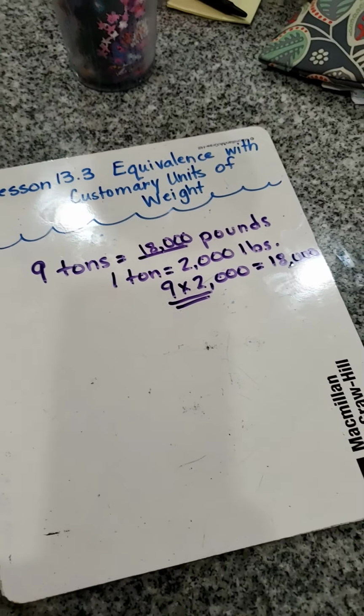Now we add them. 2 plus 0 is 2. 0 plus 7 is 7. 1 plus 1 is 2. So 17 pounds is the same as 272 ounces.